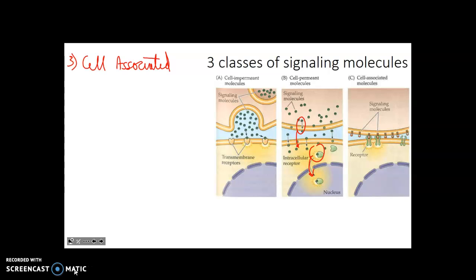Cell-associated molecules display their signal on the surface, right, on the surface of their cell membrane.